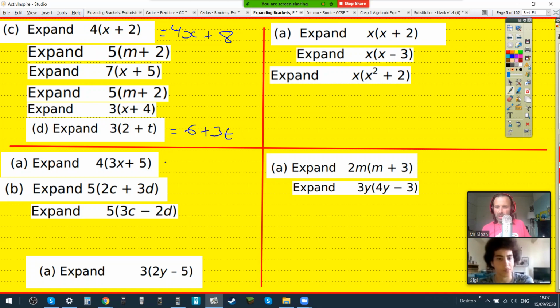How about this one? 12x plus 20. That one's okay. I think that one will be okay. Why do I have this one? I think that one will be okay. How about top right?